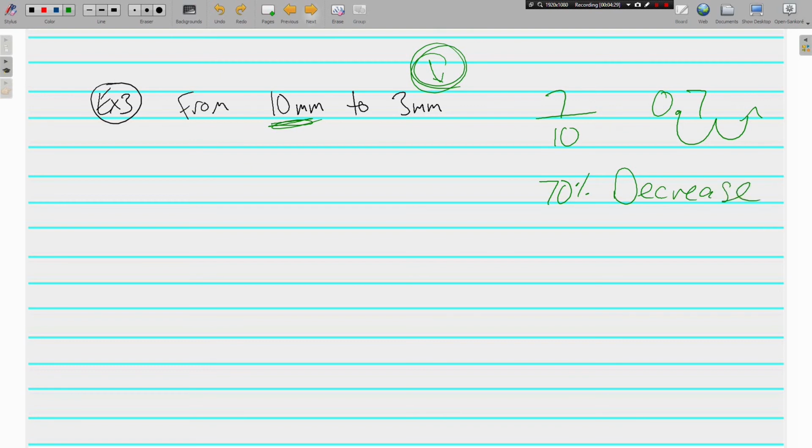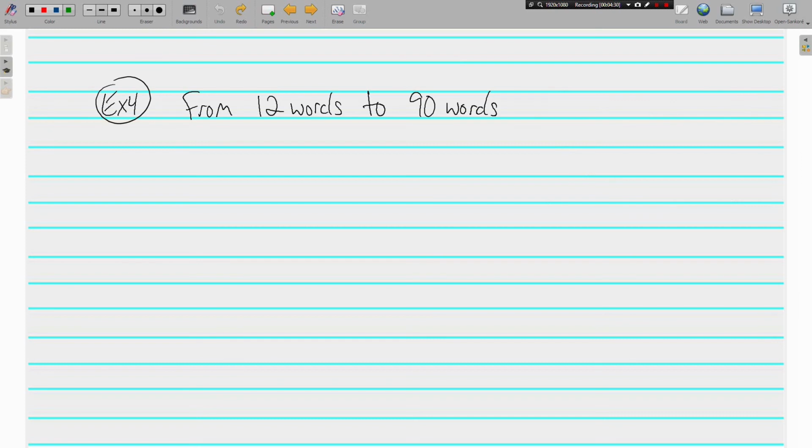One more of these. From 12 words to 90 words. Okay, let's see, 90 minus 12 is 78. So my change is 78. My original is 12. If I do 78 divided by 12 in my calculator, I get 6.5.